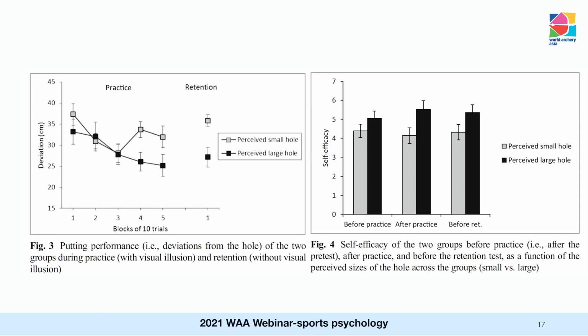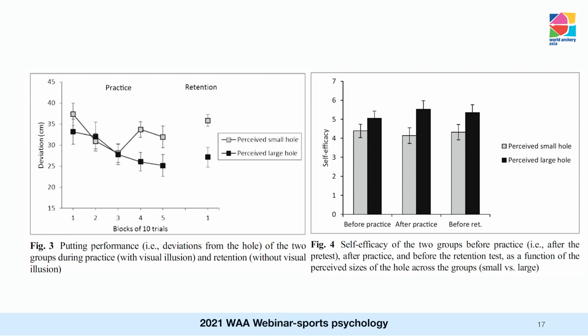And psychologically, let's look at their self-efficacy level. The group that perceived the large hole had higher self-efficacy from the beginning to the end, meaning before practice, after practice, and before retention. They always feel they can perform better, or they have a higher confidence level in how they would perform.